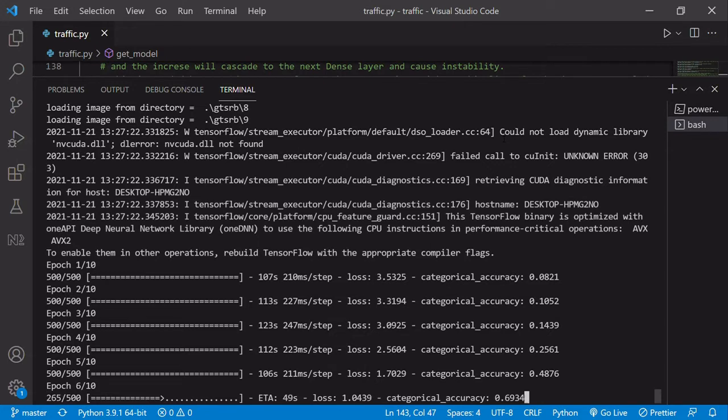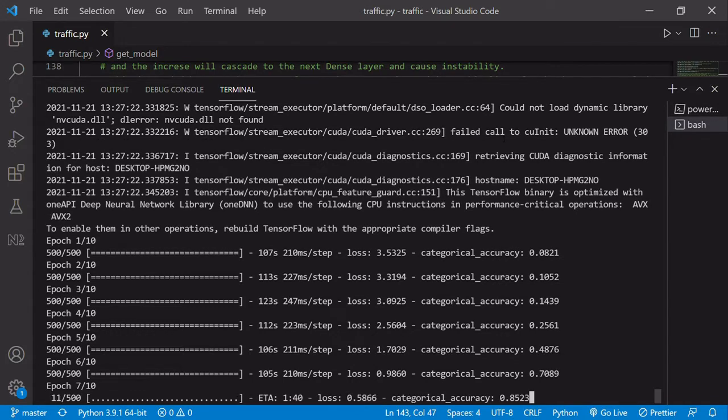So the batch normalization layer normalizes everything. My dropout layer was 50%, and then I sent it to an output layer of 143 with the activation softmax, and it seems to be working pretty well.